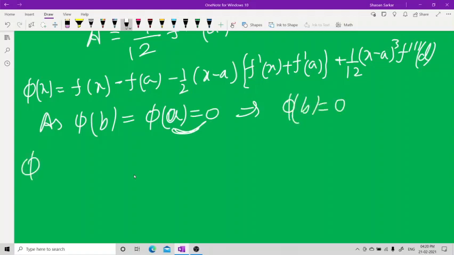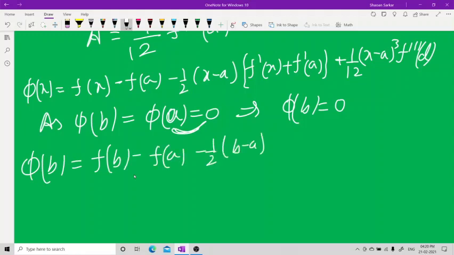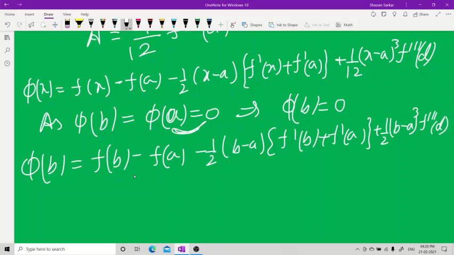Therefore, phi(b) is nothing but f(b) minus f(a) minus half (b minus a) (f'(b) plus f'(a)), plus 1/12 (b minus a) whole cube f'''(d). So now this whole is equal to 0.